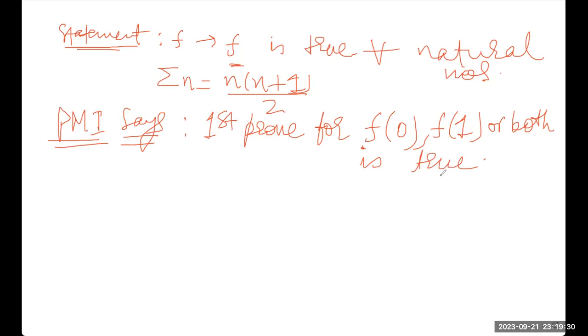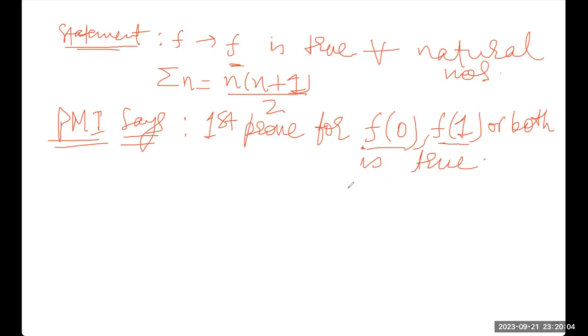Whatever statement, let's say summation of n is equal to n into n plus 1 by 2, I have to prove whether this is true or not. So with the help of PMI, the first thing that PMI says is to first prove for f of 0, then prove that f of 1, or both, is true.